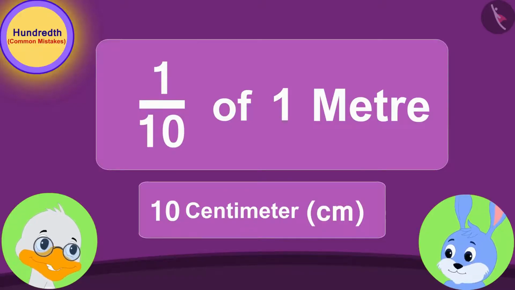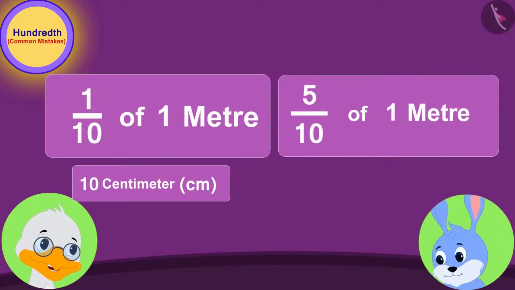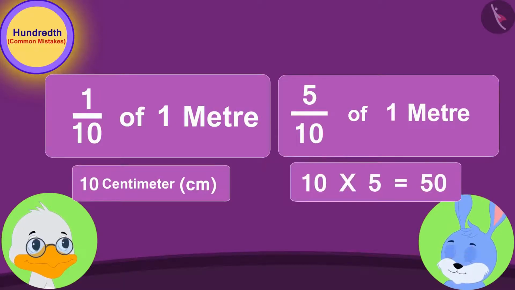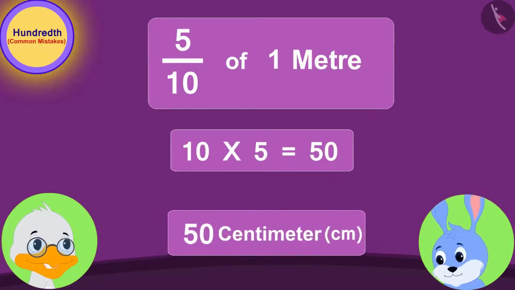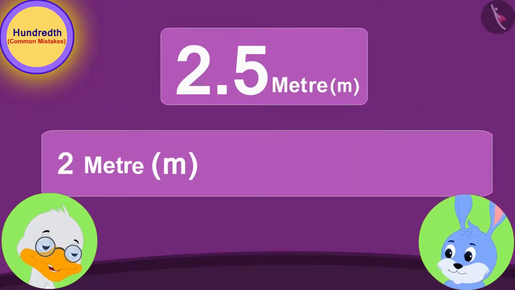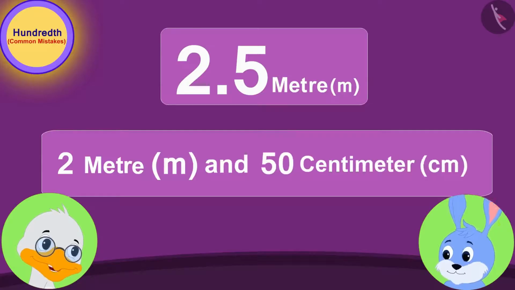Therefore, the 5/10th part of a meter will be equal to 10 times 5 or 50 centimeters. Thus, 2.5 meters is equal to 2 meters and 50 centimeters.